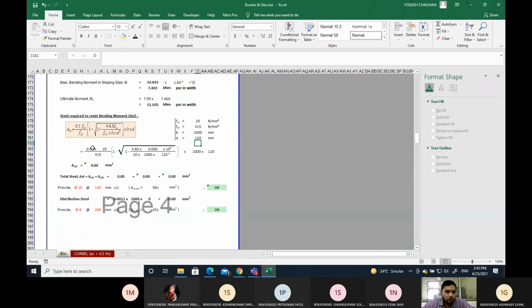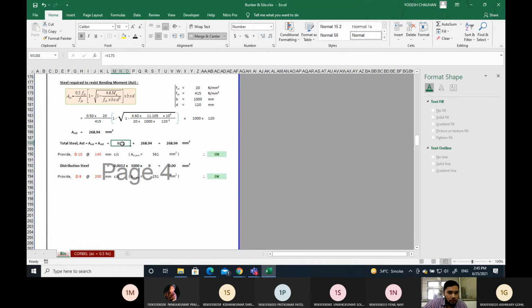So this much D. So 0.5 into FCK, 415. Now this moment is equal to this, 10 to the power 6. Everything is okay. So it comes out to be 268.94 mm square. Okay.